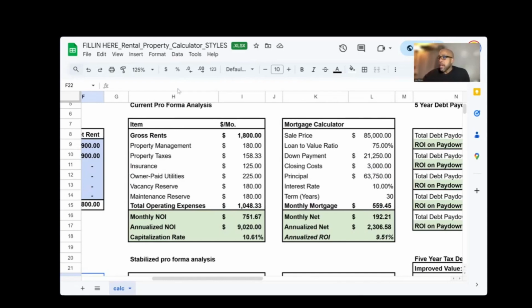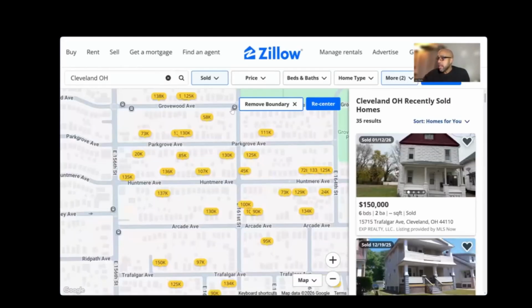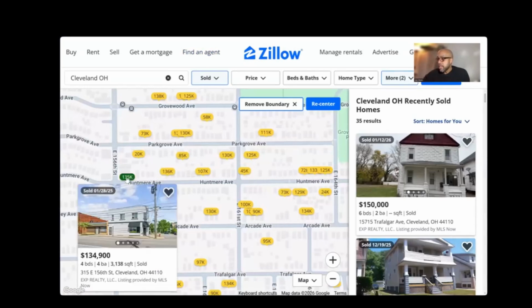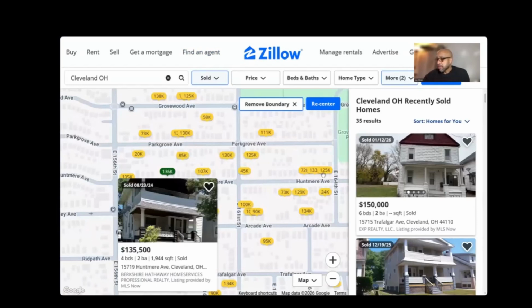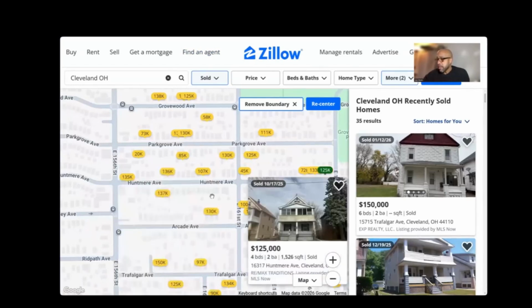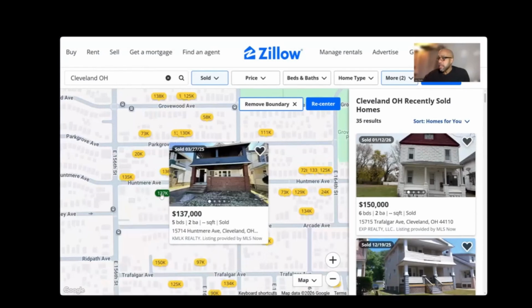But I think the 70 is about right. But let's see, so 135,000. No, that was too big. Let's go 136. Where's 125? No, it was on this one, 137. So let's look at this one. What would it take to make this one look like this one?